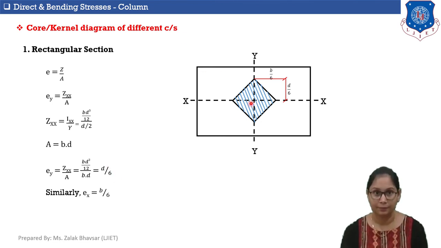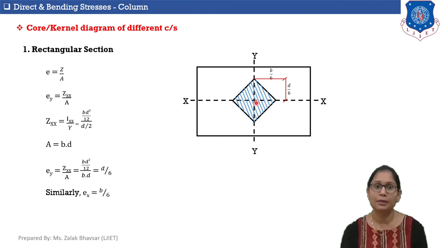So I mark 2 points on the YY axis from this center point. Suppose it is point O. So I mark 1 point in the positive YY direction, which is at a distance of D by 6 from point O, and I mark another point at a distance of D by 6 in the negative Y direction from point O.